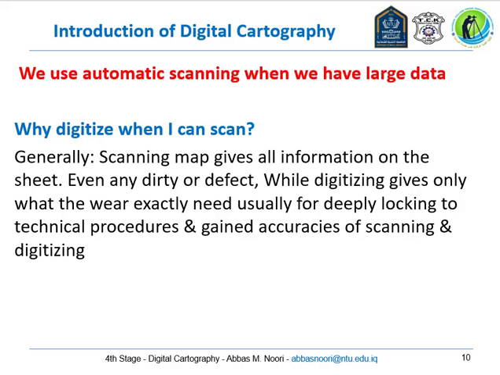We use automated scanning when we have large data, to save time. When you have a map with more detail, it's impossible to digitize this large data. Actually, we use automated scanning to automatically scan this data into the digital map.